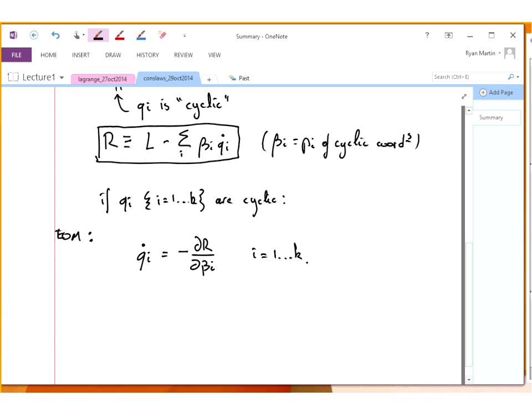So that's for i equals 1 to k. And then for the other coordinates, the equations of motion are unchanged. And so we just have the Euler-Lagrange equation: d by dt of ∂R/∂Qi dot minus ∂R/∂Qi equals 0.